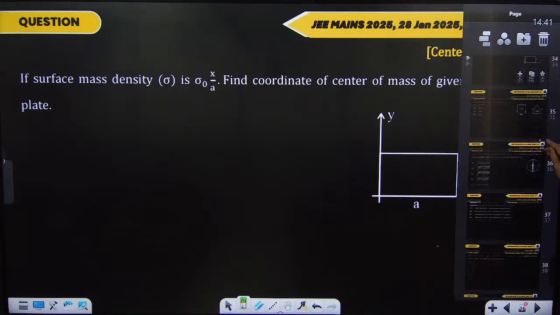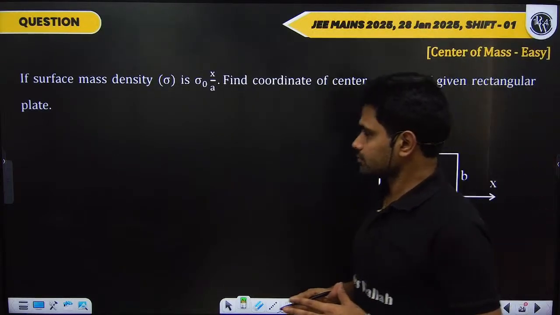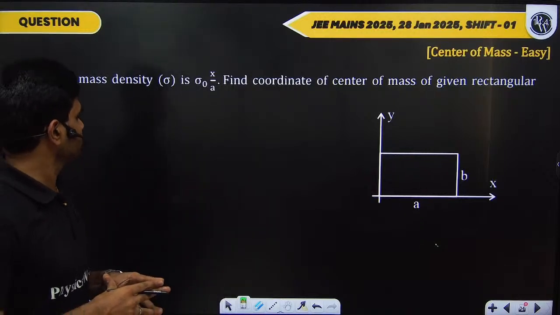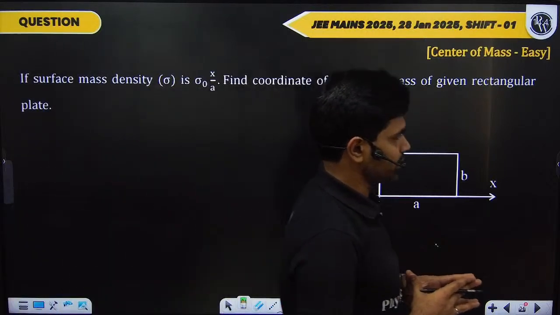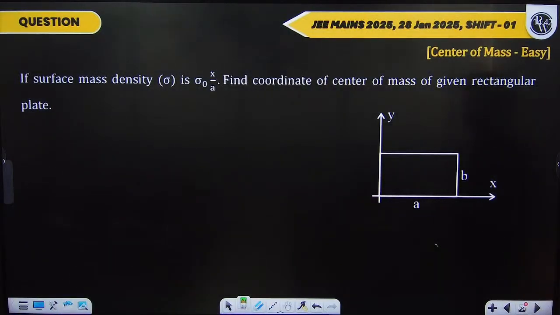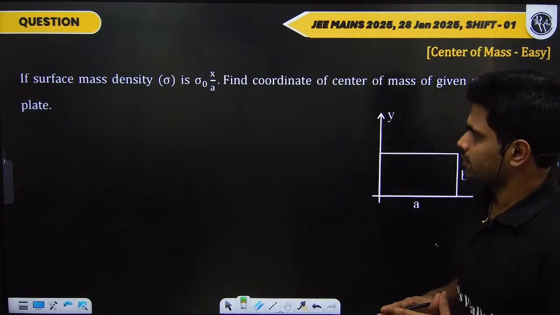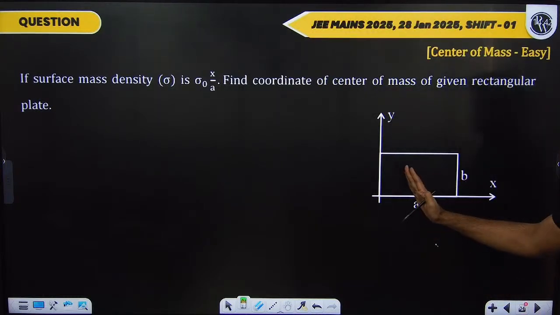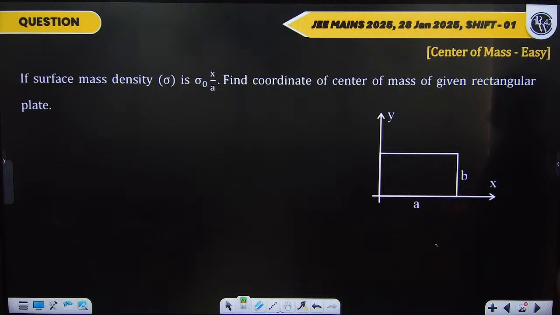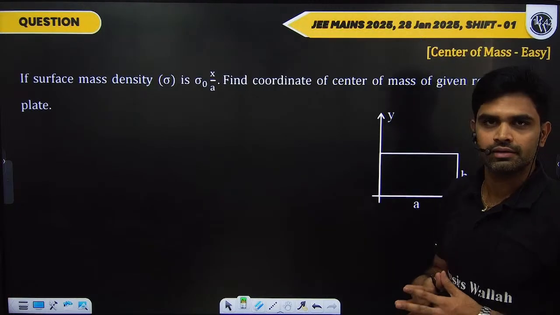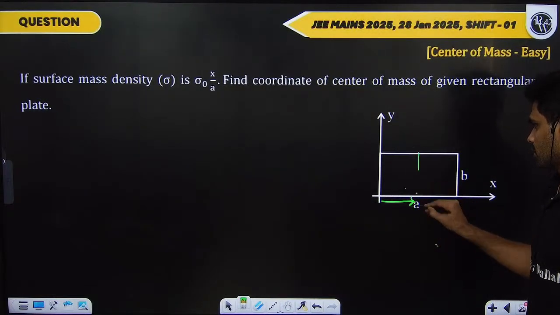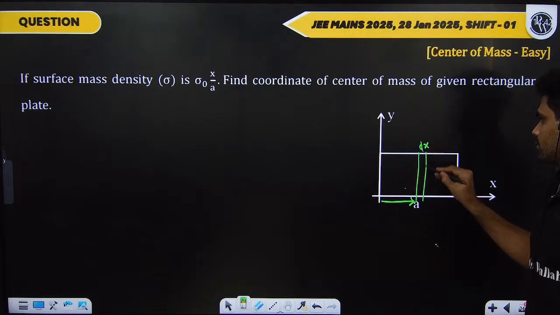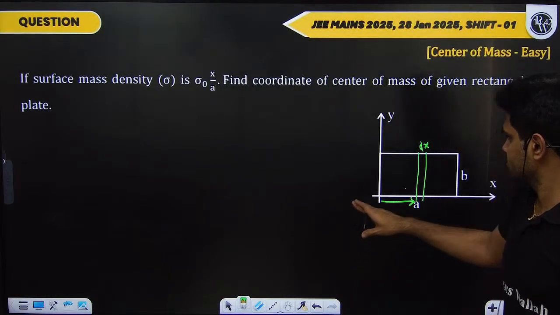Let us move to the next question. Surface density of a particular plate is given. They are asking to find the coordinates of the center of mass. First of all, the mass density is only varying along the x axis. What we need to do is take a small sheet of width dx, at distance x.